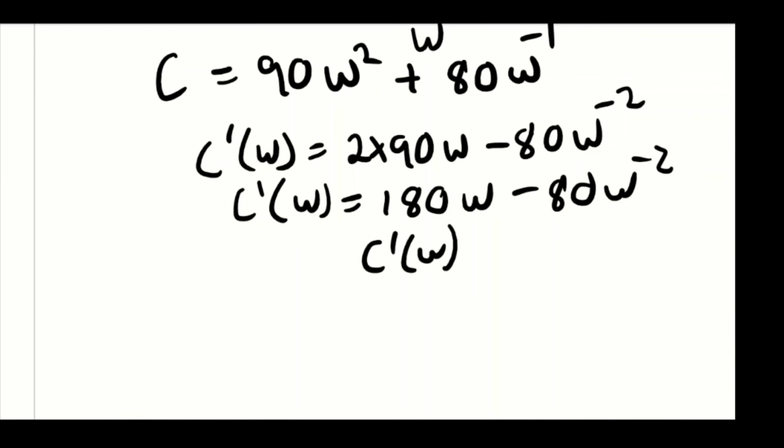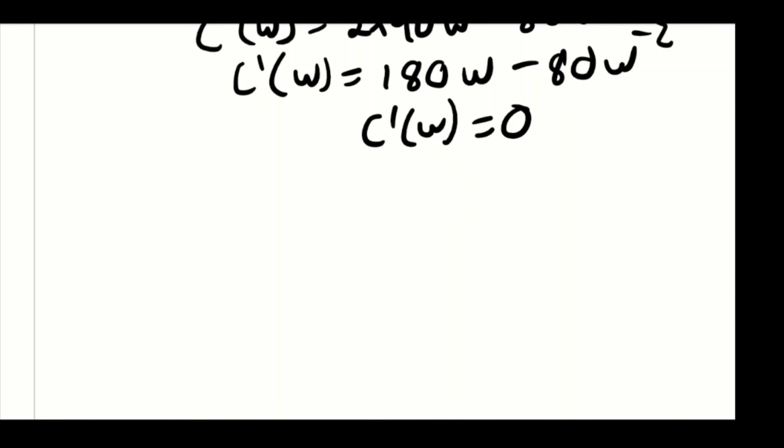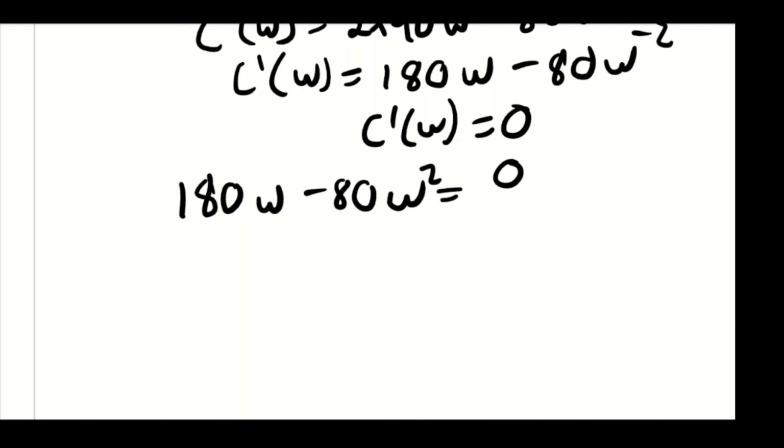Because we want W, we're going to equate this to 0. This is a concept of a turning point, by the way. So 180W minus 80 over W squared equals 0.